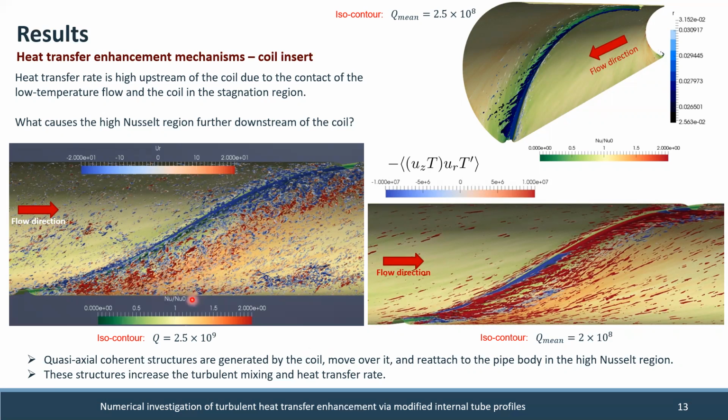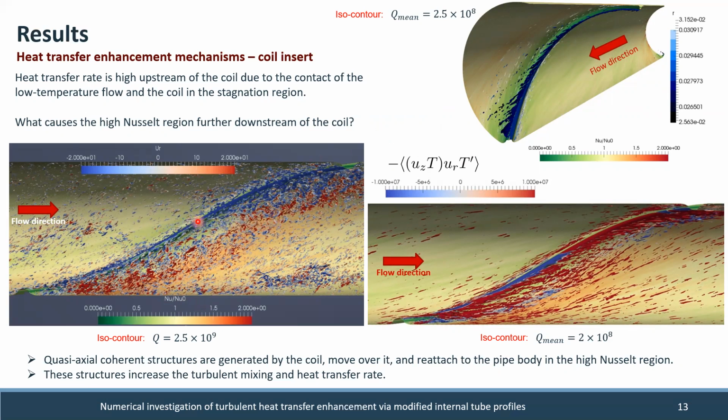Here I'm showing the ISO contours of Q criterion for the coil insert, and here it's the average Q criterion ISO contours. You can see in both of these figures that we have coherent structures and vortices generated by the coil, and they are moving with the flow.